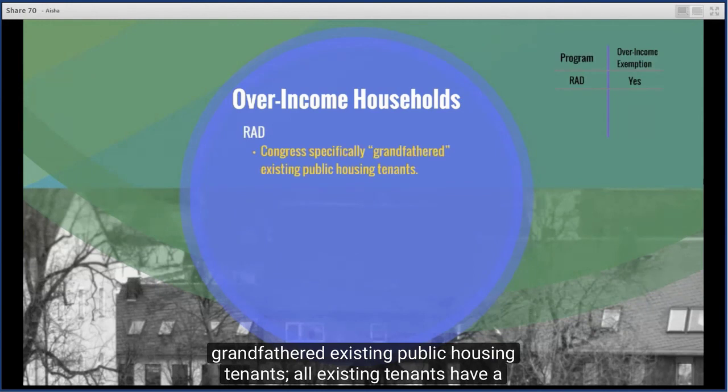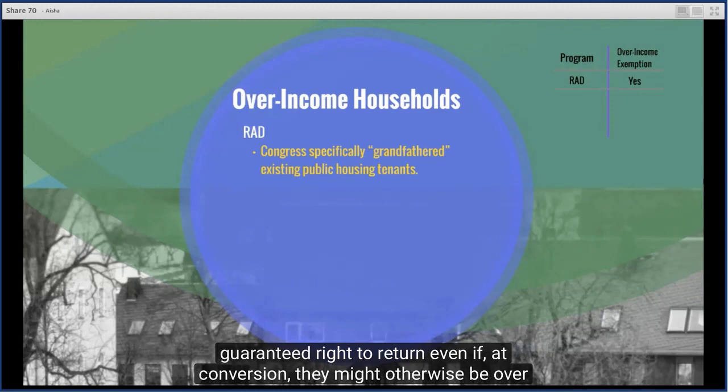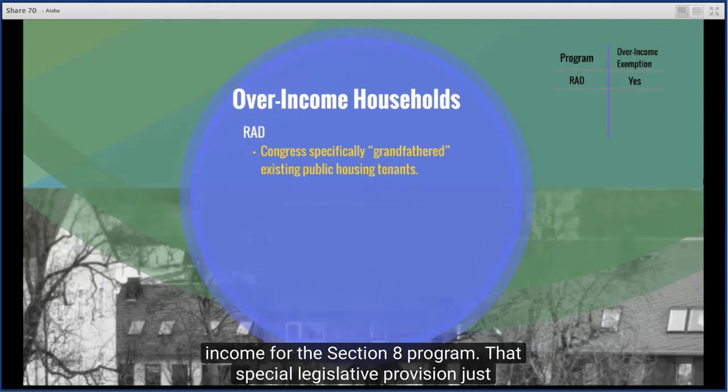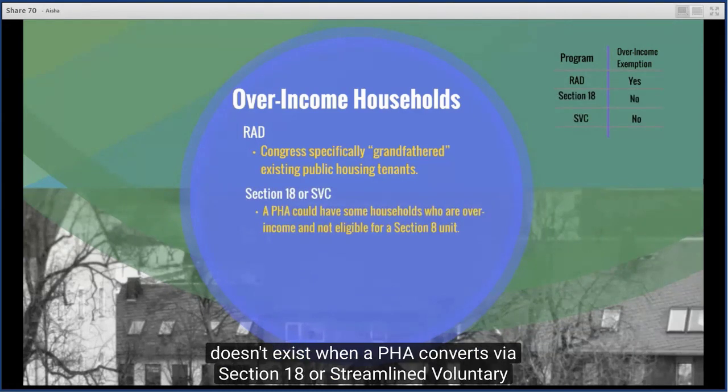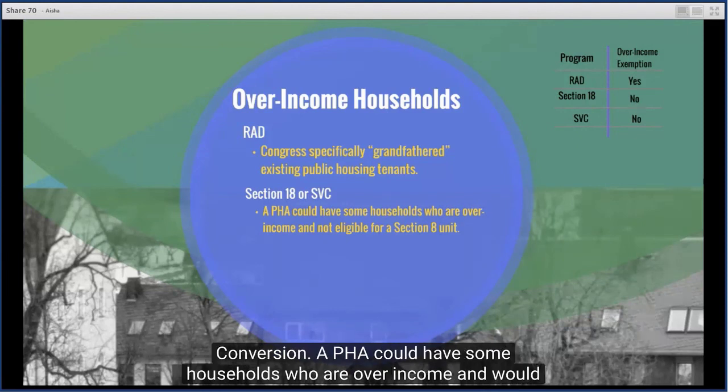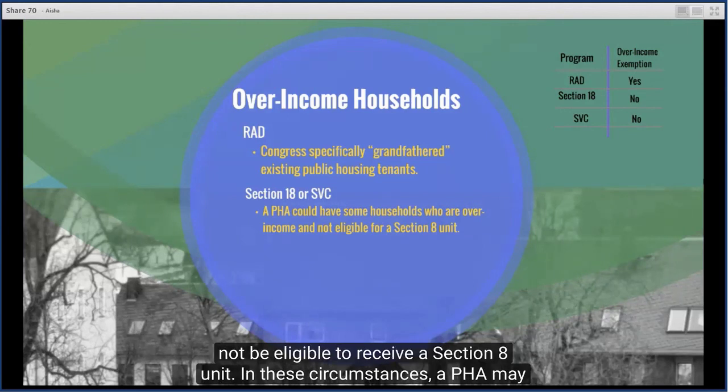All existing tenants have a guaranteed right to return, even if at conversion they might otherwise be over-income for the Section 8 program. That special legislative provision just doesn't exist when a PHA converts via Section 18 or Streamlined Voluntary Conversion. A PHA could have some households who are over-income and would not be eligible to receive a Section 8 unit.